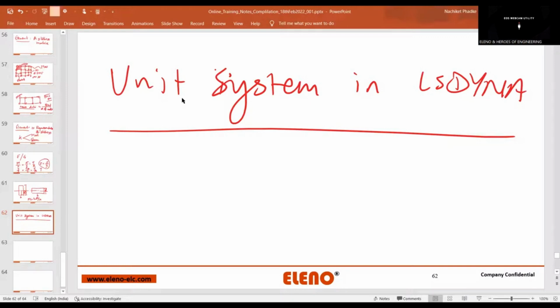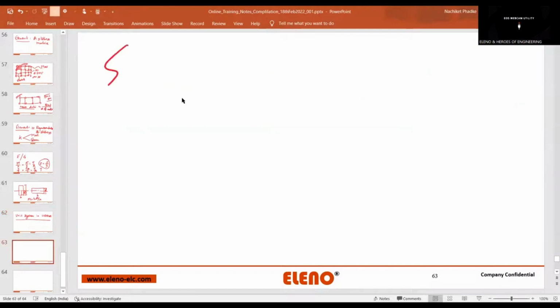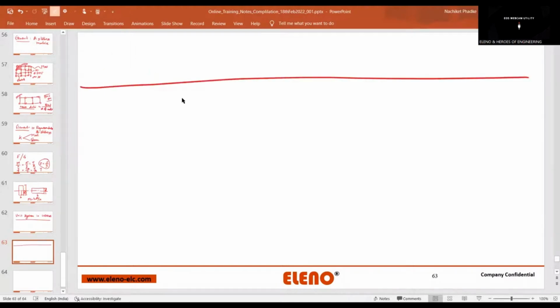Okay. So first thing first, let's talk about SI units. I'm going to give you an exercise here, but let me just generate a table first of all.